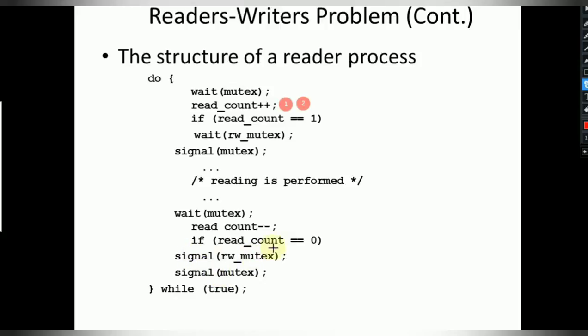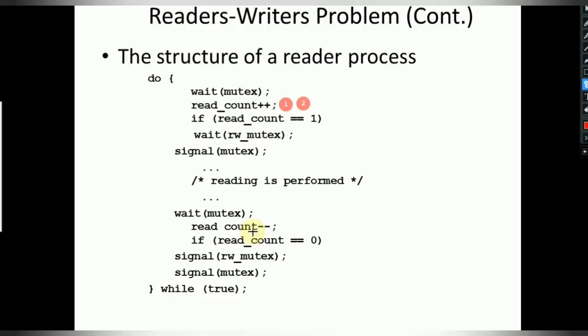And if read count is equal to 0, this statement will be run, if that is the last process in the system, or the last process that will be accessing the shared memory. So this is about your reader process.